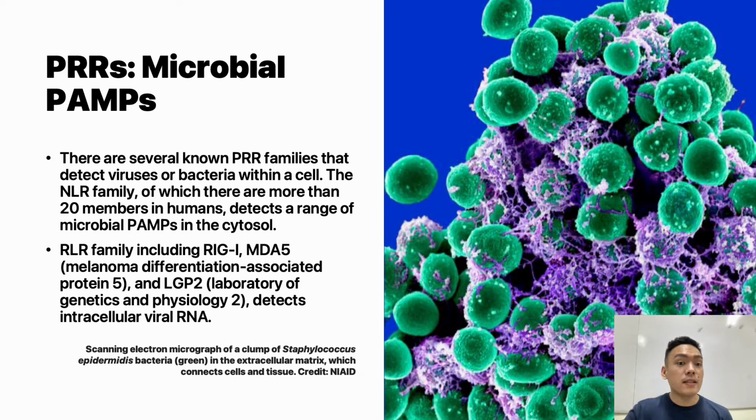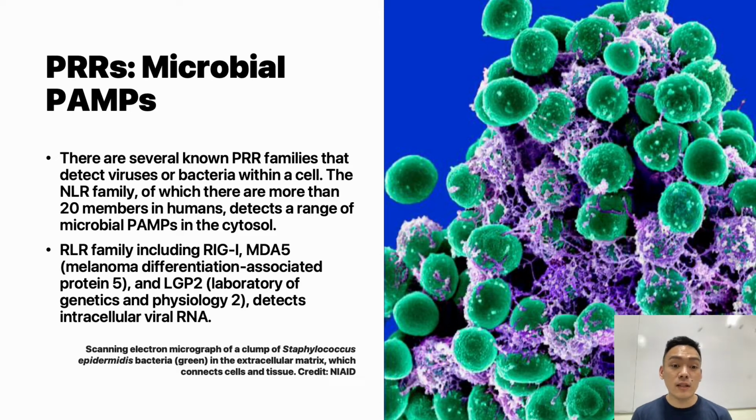There are several other known PRR families that also detect viruses or bacteria within the cell. The NLR family, of which there are more than 20 members in humans, will detect a range of microbial PAMPs in your cytosol.